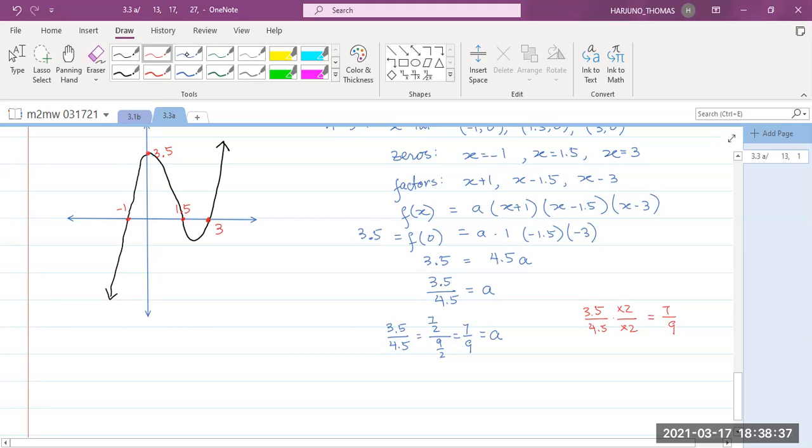Basically, don't turn it into a decimal simply because you have a calculator, since there is a lot of rounding error. So f(x) therefore equals 7 over 9 times (x plus 1) times (x minus 1.5) times (x minus 3).